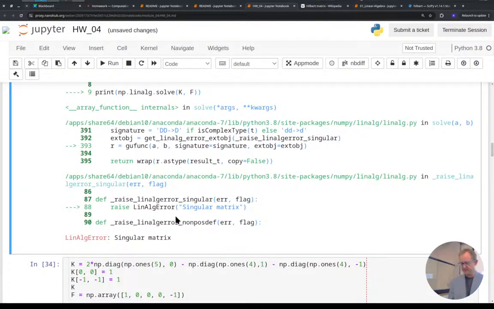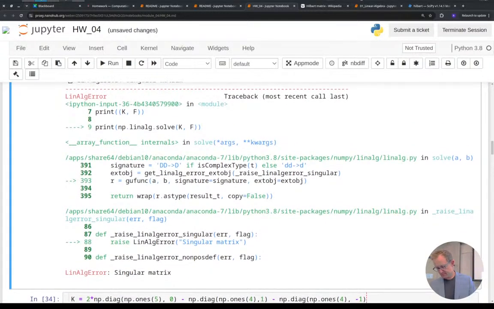Yeah, I feel like it gives you too many details at this point. Singular matrix is the one detail that you need, but that's tracing through every single step in the actual linear algebra function. Yeah, so the way is to work your way backwards. This is your main output, and it's showing you that the solve command is part of this linalg.py script, with a whole bunch of functions and classes in there.